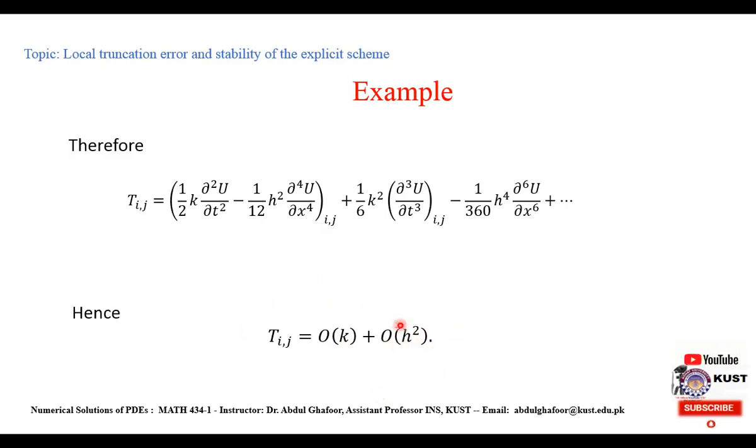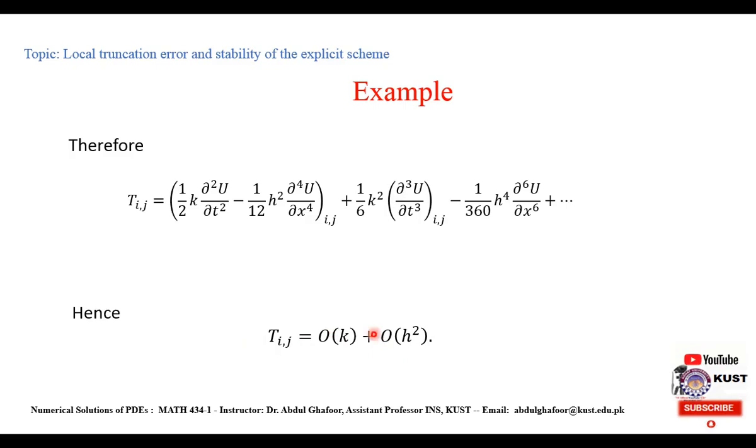So this means that the order of the local truncation error is order of k plus h square, where order of k represents all the terms having power of k starting from 1 and so on, and similarly order of h square contains all the terms having least power of h as 2, and so on, h power 4, h power 6 and so on. So T(i,j) is order of k plus h square.